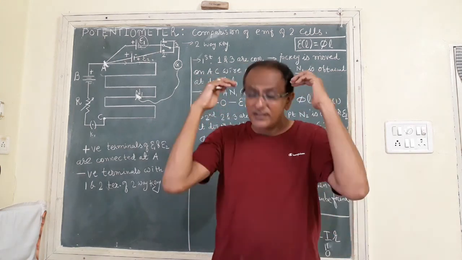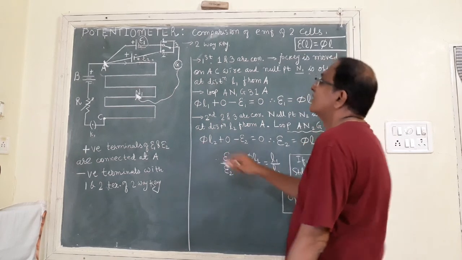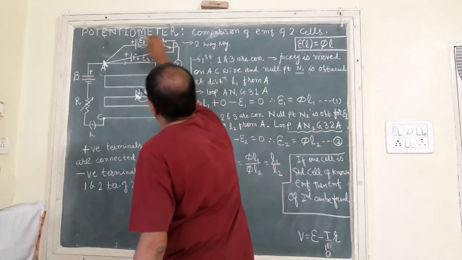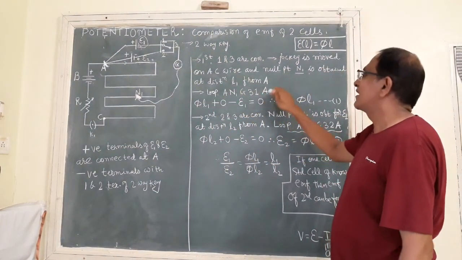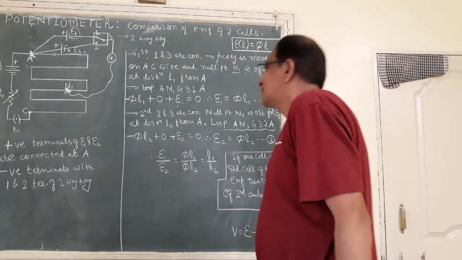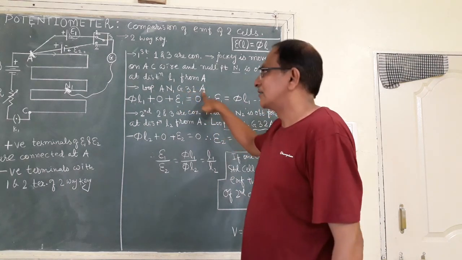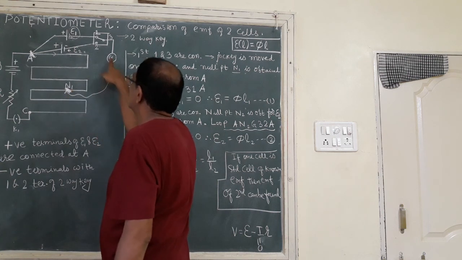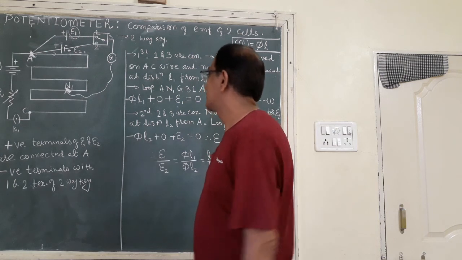We can write this by just oral calculation, but if you apply Kirchhoff's rule in the loop A N1 G 3 1 A, you will also get the same thing. Now we take the loop A N1 G 3 1 A, moving in this direction and coming back to the same point.